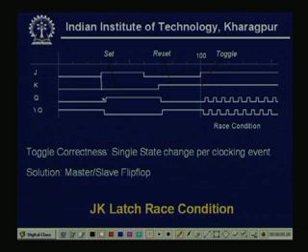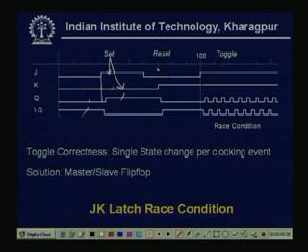So, Q becomes 0, and this is 1, Q complement. Now, see that J is 1, K is 0. So, 1 0 means this is a set condition. So, Q is 1. These two are giving a set.